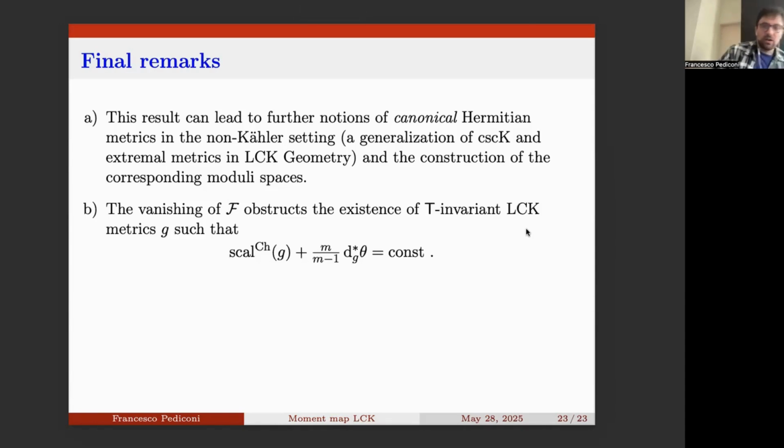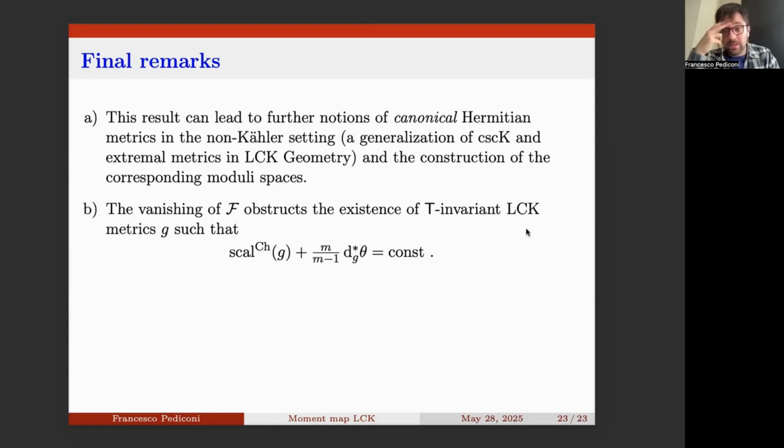Actually, the vanishing of the Futaki type invariant is an obstruction to the existence of T-invariant lcK metrics such that the corresponding equation mu equal a constant is satisfied. So here we got this constant mu equation, and this is a work in progress with Daniele, Cristiano, and Joshua Guindare.